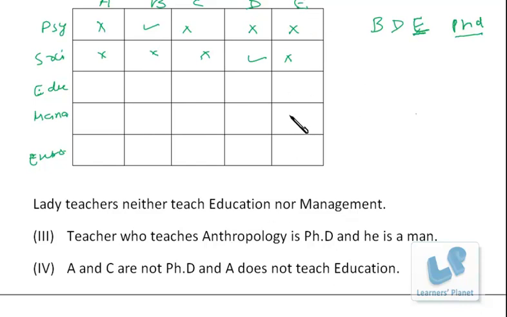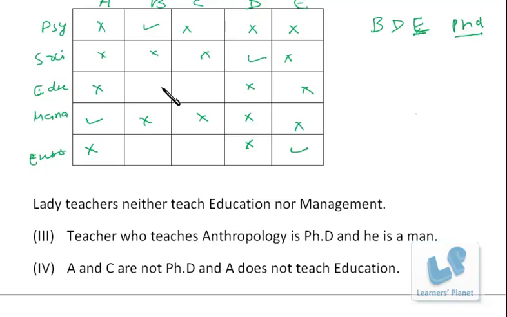So E and anthropology is the correct combination, right? E doesn't teach any other subject. Similarly, D doesn't teach any other subject. Now A does not teach education. Anthropology is already taught by E, so A does not teach anthropology either. Now A has to teach management, right?